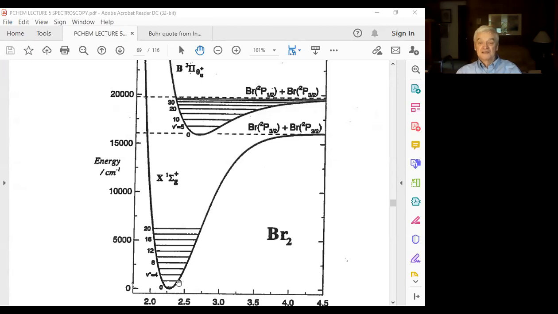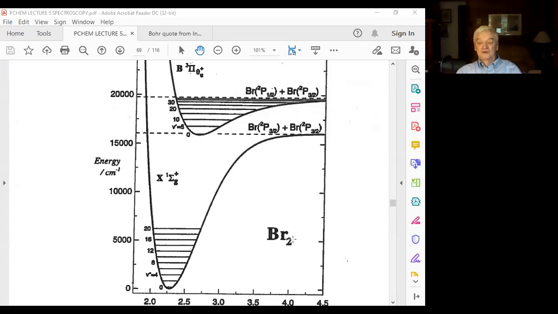So you can see these are pretty closely spaced, kind of like the harmonic oscillator model. But if we went further up, they would start getting closer and closer together. Again, the dissociation energy for bromine would be from the bottom of this curve up to the dotted line. The actual energy that it would take would be from where the 0 is, because that's the zero-point energy, up to the dotted line.